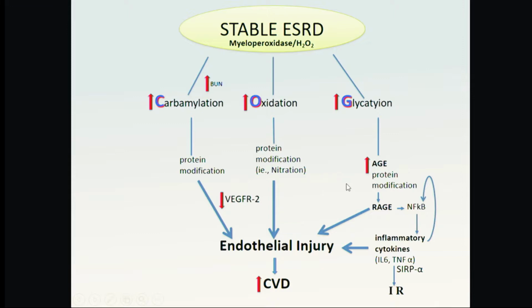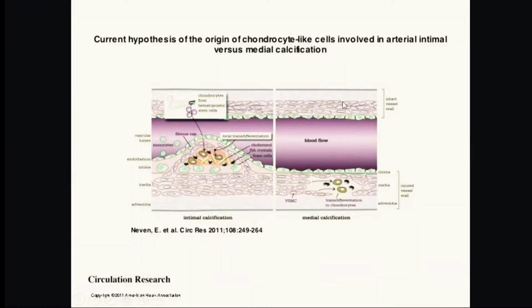After a few months of dialysis, patients become stable. They still have metabolic issues: carbonylation, oxidation, and glycation. With those mechanisms in hand, what our dialysis patients undergo is atherosclerosis that involves the subintimal vessel wall, so you get atherosclerotic plaques like you see in the general population, but the mechanism is different.